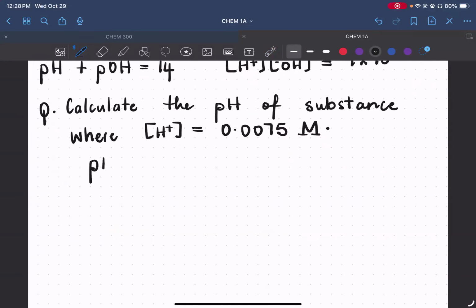This is now pH is equal to negative log of the H plus concentration, which is equal to negative log of 0.0075.